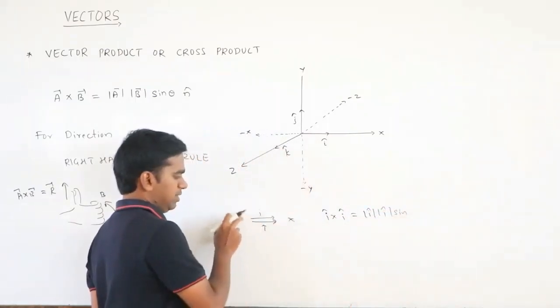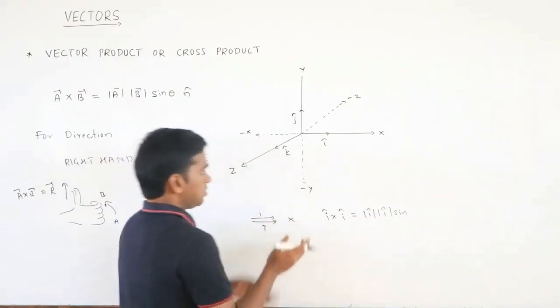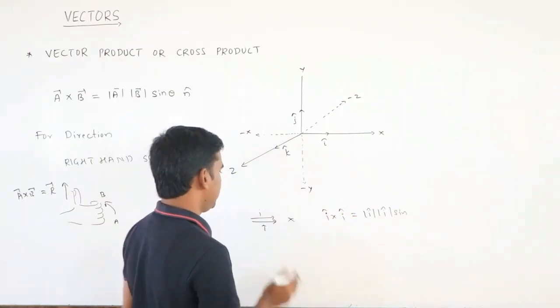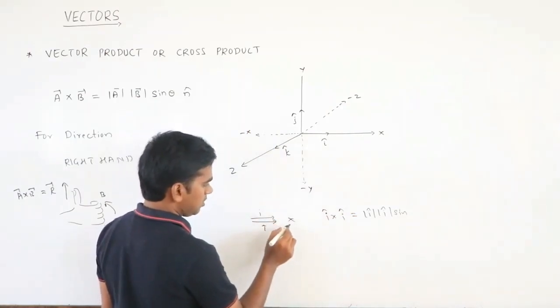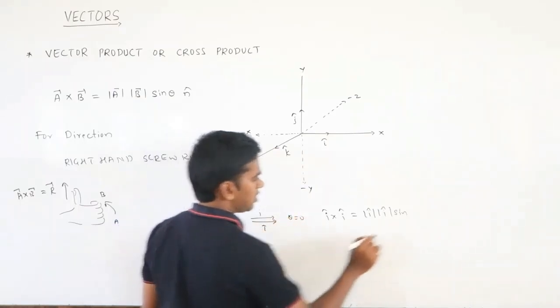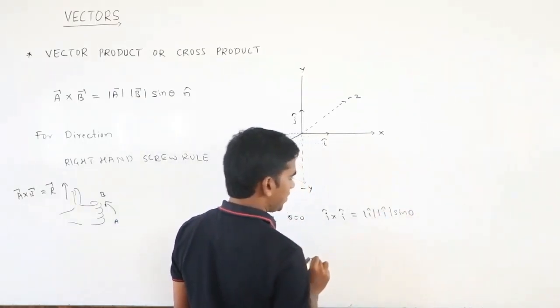What is the angle between them? The angle is 0 because they are on the same line. So theta is 0 over here.